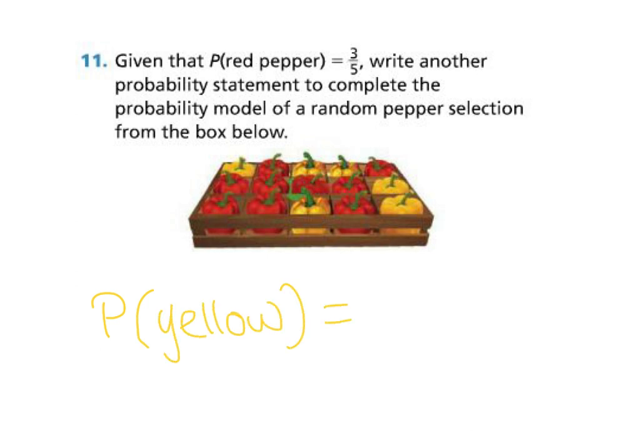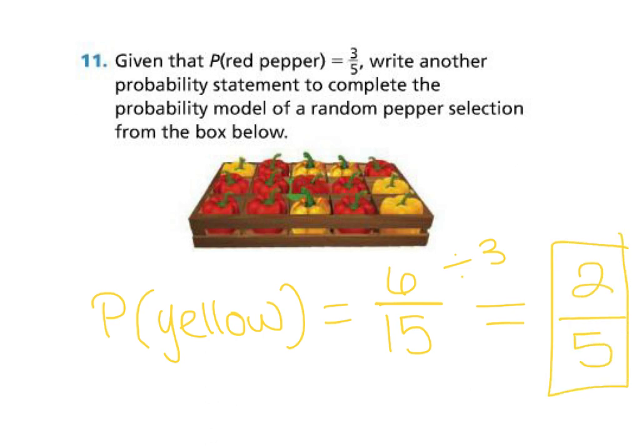All right, pause the screen, count those yellows up for me. I counted 6 out of how many total peppers? 15. Now this fraction will reduce. It is divisible by 3. 3 goes into 6 2 times, 3 goes into 15 5 times. So final answer, 2/5.